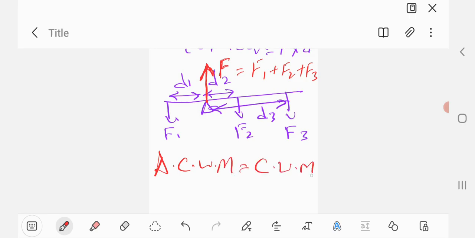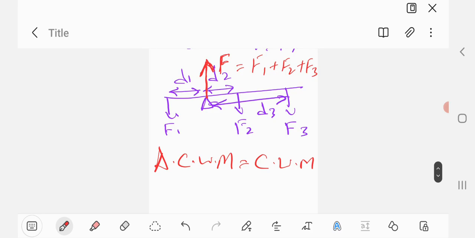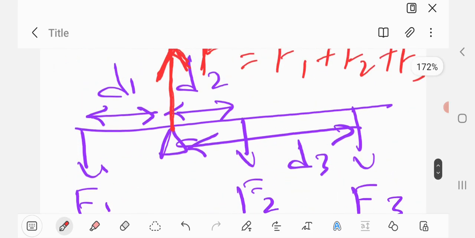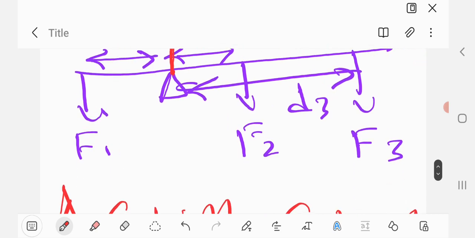These are two conditions of equilibrium. As the forces are balanced, we can say this is the first condition. And guys, this formula, anti-clockwise moment equals clockwise moment, is also known as the principle of moments as well as the second condition of equilibrium. Now I'm going to show you the anti-clockwise moments. How many forces are responsible for the anti-clockwise moment?